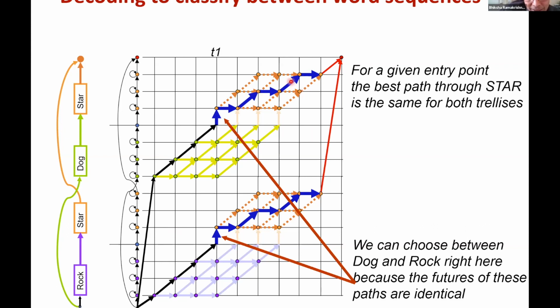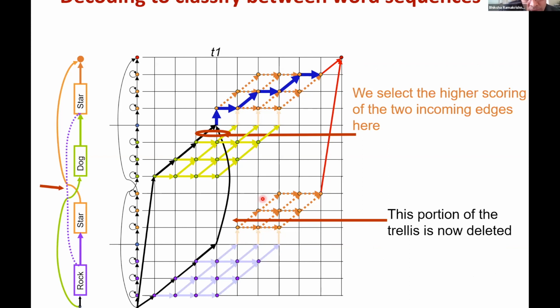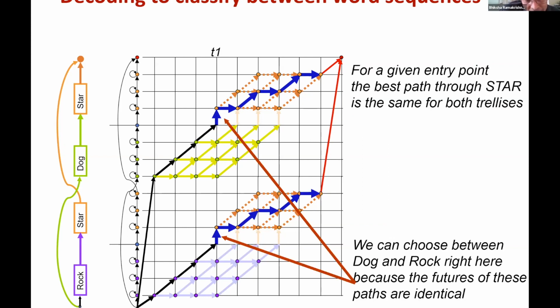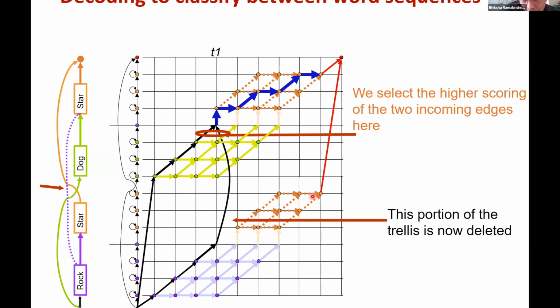Once I decide that the transition happened over here, I can make the comparison right here at this point, which means I don't need to compute the second half of this graph at all. I can delete it. I can make the comparison right here and just use this portion of the graph.